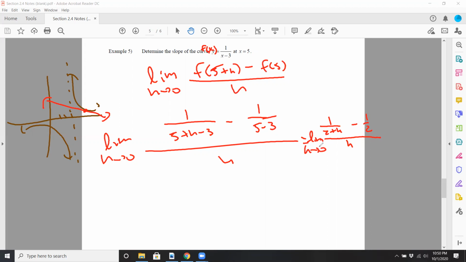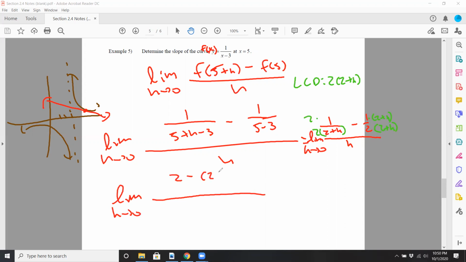And your LCD is going to be 2 times 2 plus h. So I'll multiply this by 2 over 2, and multiply this by 2 plus h over 2 plus h. Keep going. The limit as h approaches 0 of 2 minus 2 plus h, and the denominators combine, they're the same, so it's 2 times 2 plus h.